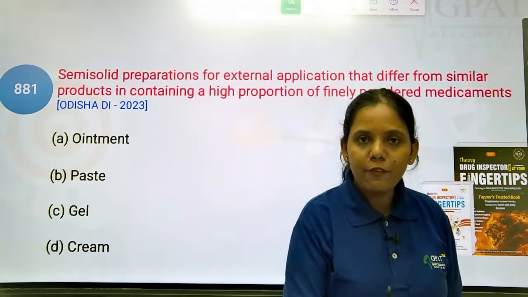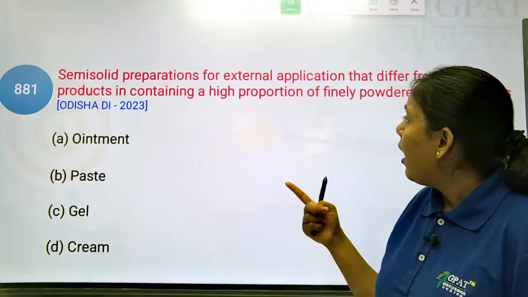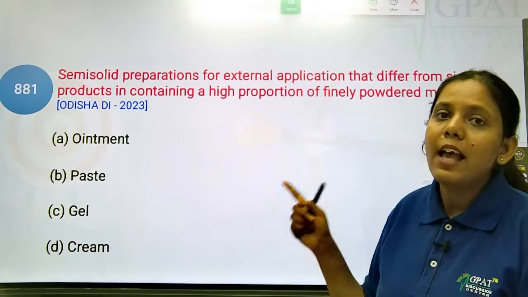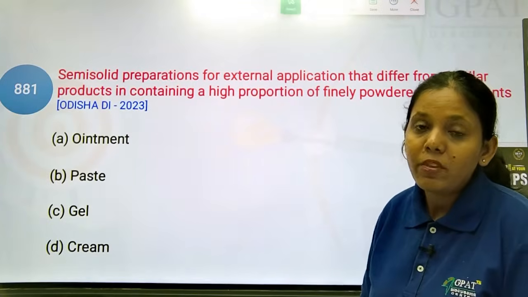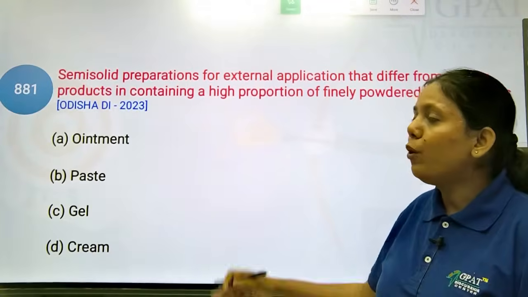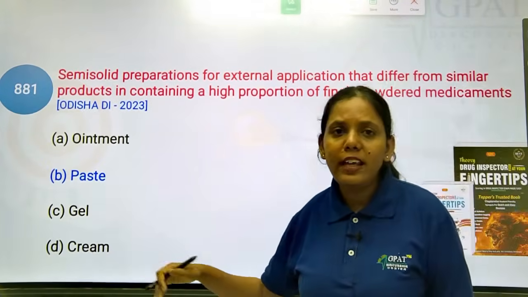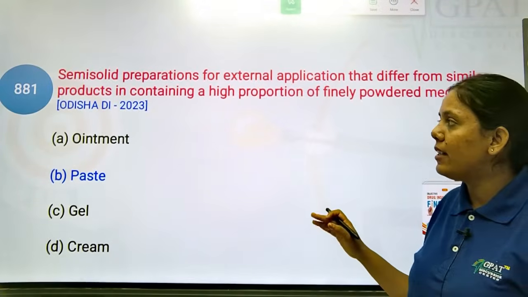No, creams are different, gels are different, right? So what is the distinguishing point for the semi-solid dosage form which contains a high proportion of finely divided material, up to 50% also? Very good. Paste is the right answer. Option B, paste is something which contains a higher amount of insoluble solid. Okay, option B is the right answer.